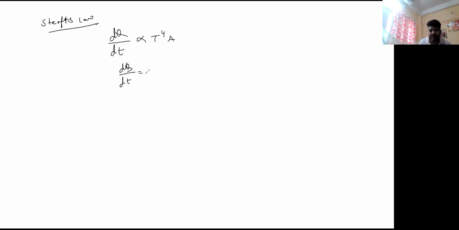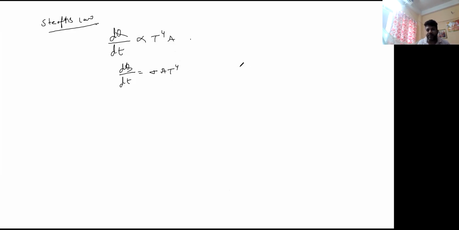So when we equalize, we use a constant. That constant is called sigma. So dQ by dt equals sigma A T to the power 4.